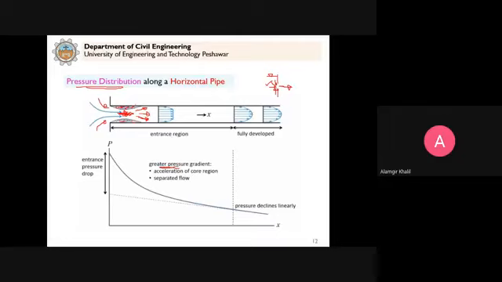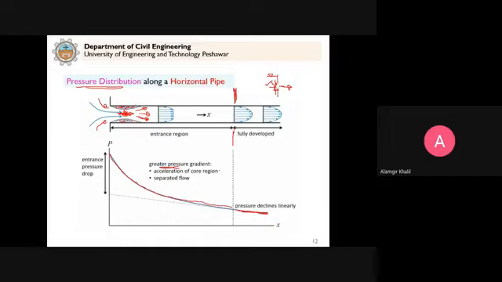So you see that there is a non-linear relationship here, because the velocity is changing up to here. After that, once the velocity is established, fully parabolic flow, then we have a linear decline in the pressure because we have head losses. But up to here, since the velocity profile is changing, that's why we have a non-linear relationship.